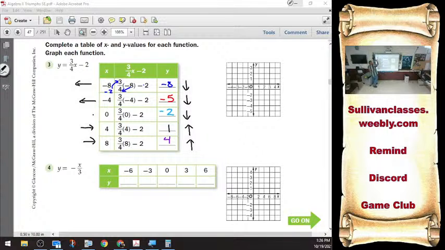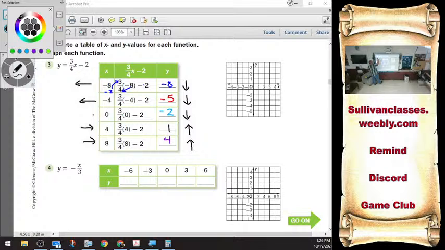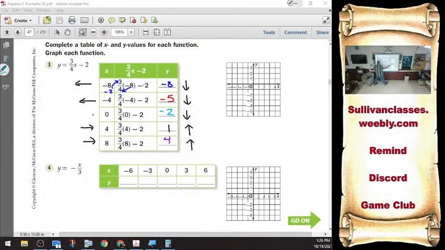So I plot my points. Uh-oh. How do I go left 8 and down 8 on that graph? I can't. Sometimes as we're filling out a table, we'll get values that don't fit on our graph. So just don't do them.